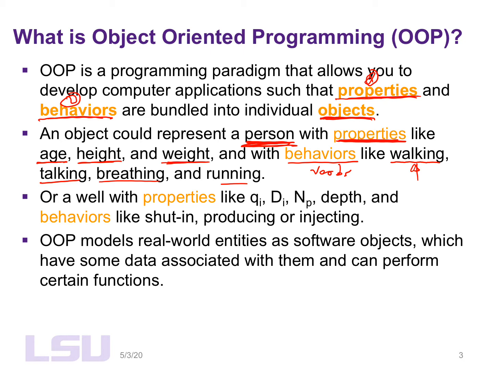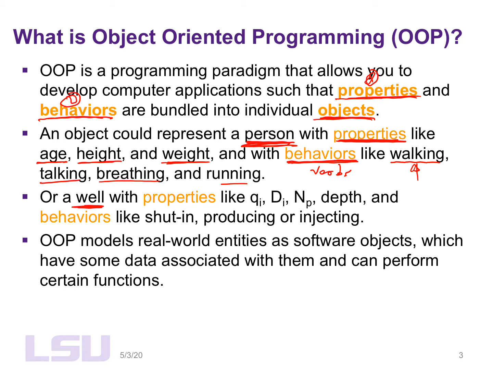So properties, behaviors are bundled into individual objects. So for all the objects you'll be looking at in object-oriented programming, you will be seeing the properties of the object, and you'll be seeing the actions that the object can perform or that can be performed on the object.